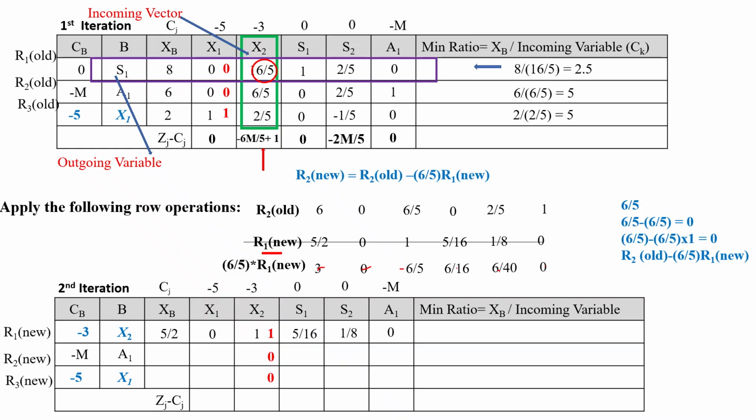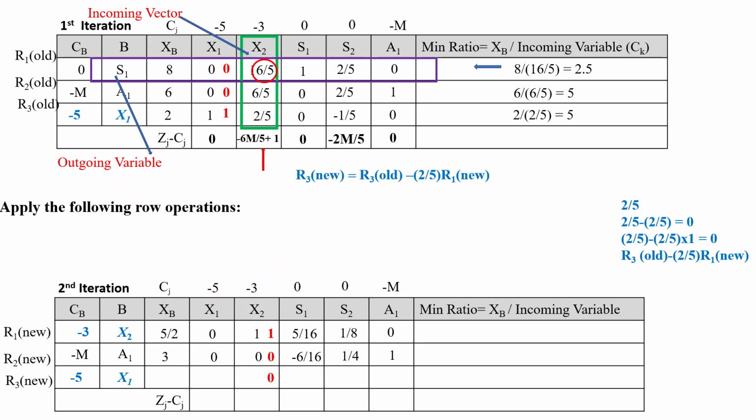Then R2 old minus 6 by 5 into R1 new: 6 minus 3 is 3, 0 minus 0 is 0, 6 by 5 minus 6 by 5 is 0, 0 minus 6 by 16 is minus 6 by 16. Next, 2 by 5 minus 6 by 40 is 1 by 4. Next, 1 minus 0 is 1.